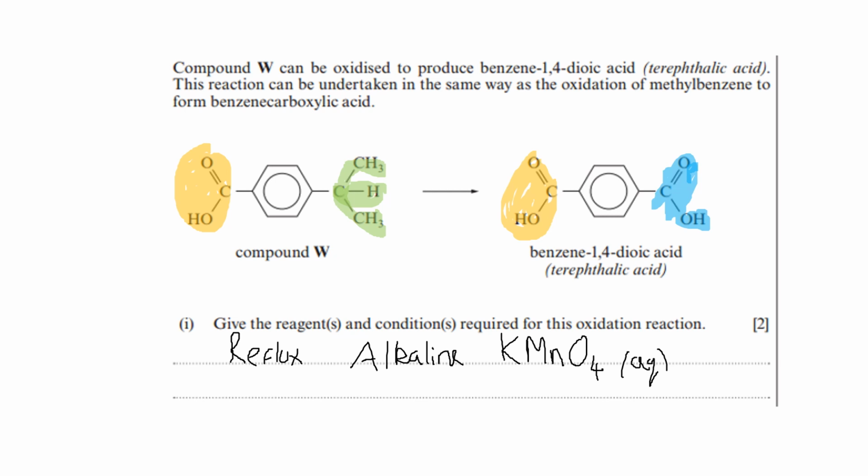However, because it's alkaline, that will give you the salt of the carboxylic acid, so you'd need to do an acidic workup, add a bit of acid when you finish the reaction. Not quite sure how they divvied up the 2 marks on that, but you'd need all of that information to get both the marks.